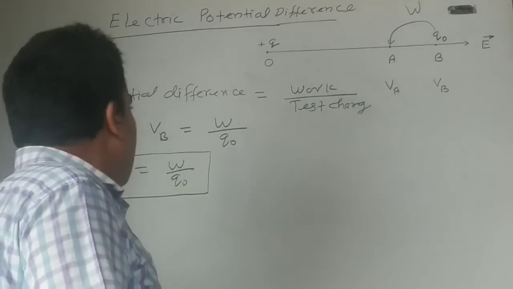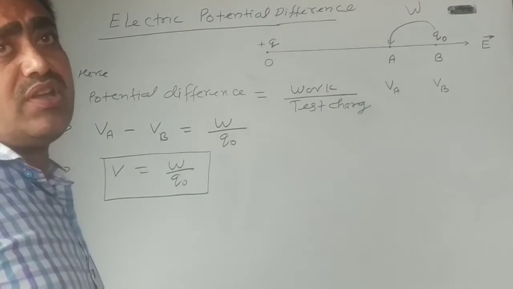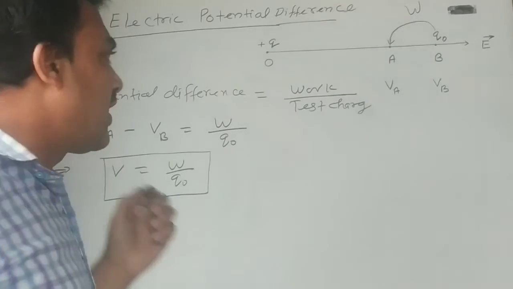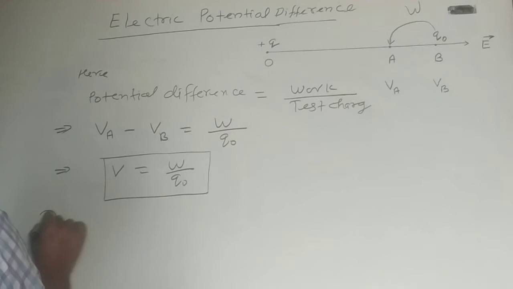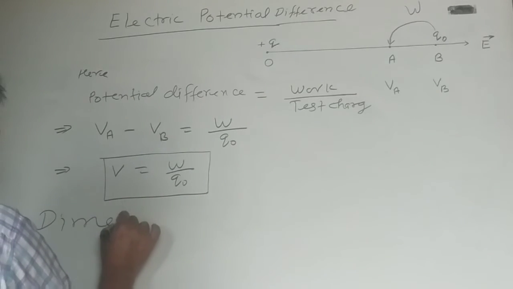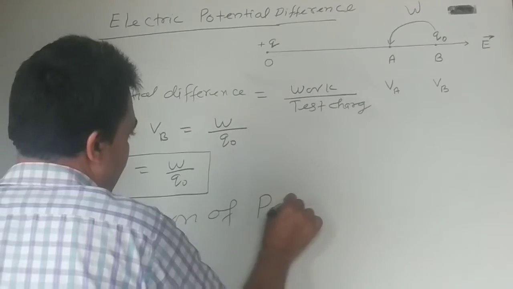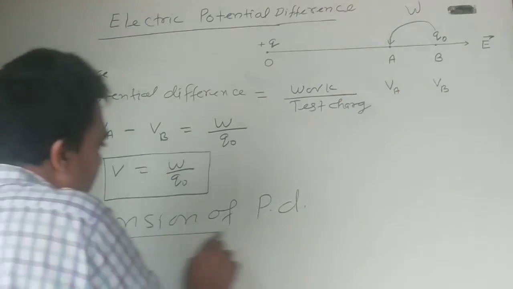Now, what is the dimension of potential difference or electric potential? Dimension of PD. Here PD represents potential difference.